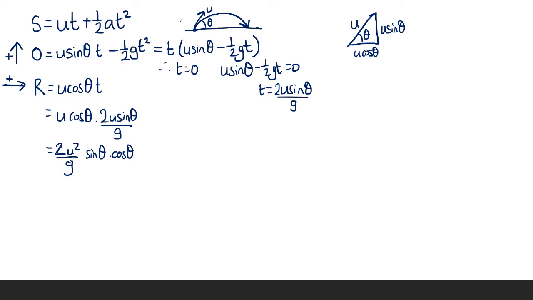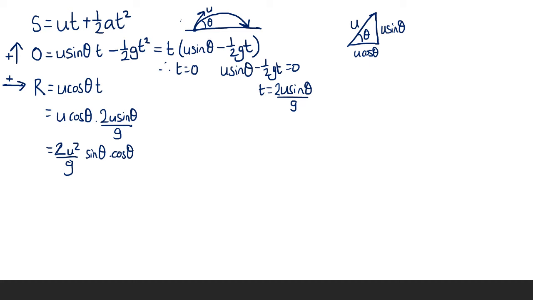Well, we know in maths that the way to maximize a function is to differentiate it and find where the first derivative is equal to 0. Now we could just apply the product rule here, because we've got sine theta times cos theta, but it makes it a little bit easier if we use a trigonometric identity first.